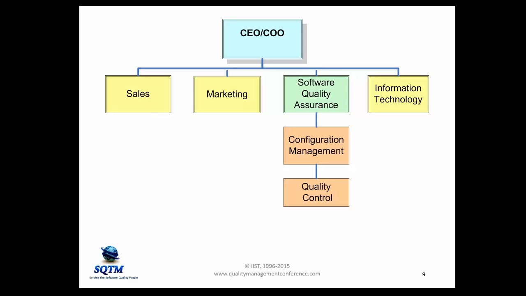So the next one is quality control. Let's look at quality control and try to relate that to the IT profession. Right now, most organizations are calling testing quality assurance. It's not.